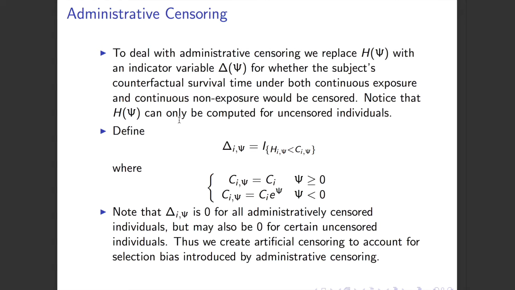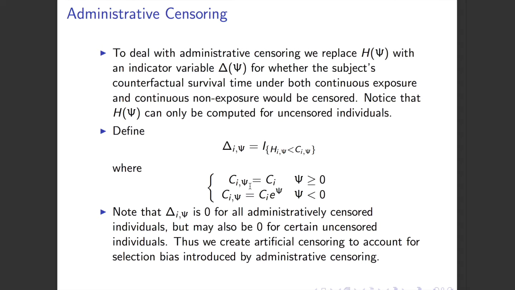Because this H psi can only be computed for uncensored individuals. But for censored individuals, this delta is always 0. And for uncensored individuals, we could compute both of these, and still some of the individuals will have a 0 value. So this delta is a function of psi that we can always get a value for, whereas H of psi we couldn't before.